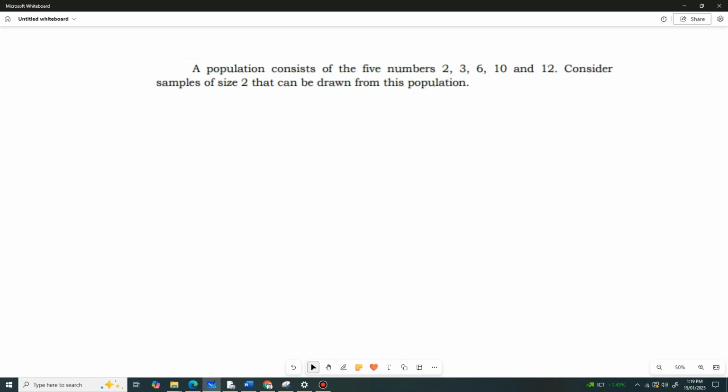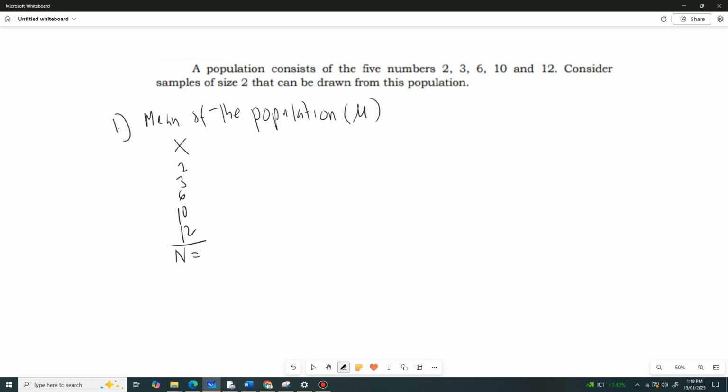First, we will solve for the mean of the population, or the population mean. We will do a column for the x variable. We have 2, 3, 6, 10, and 12, and the population size is 5.